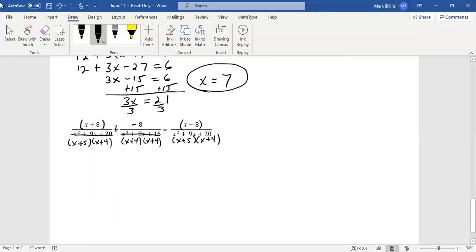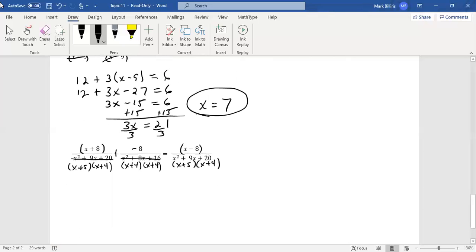So my next step is to multiply every term by the common denominator. In this case, the common denominator, or LCD, is going to be x plus 4, x plus 5, and x plus 4. Because the second term has 2 factors of x plus 4, 2 factors of x plus 4 have to be a part of the LCD.